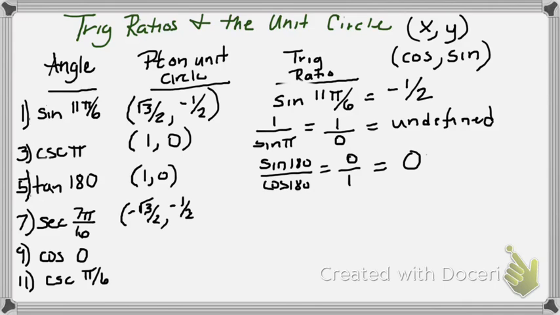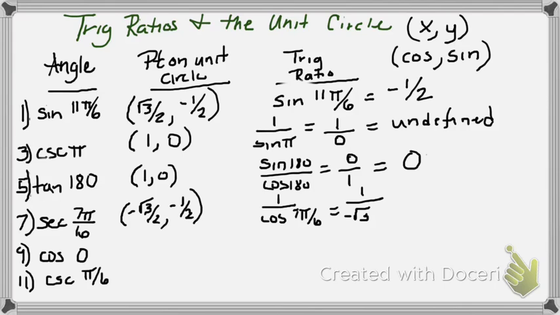Now, secant is equal to 1 over cosine. So this would be 1 over cosine of 7 pi over 6. Alright, so 1 divided by, and 7 pi over 6, the cosine of that would be negative square root of 3 over 2.